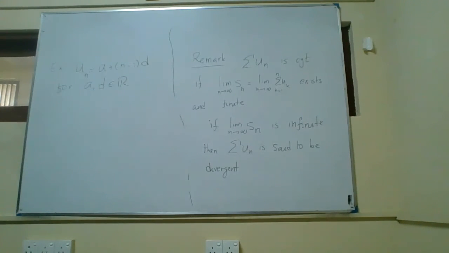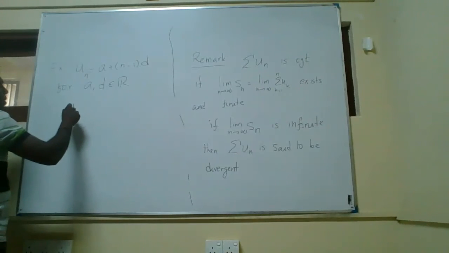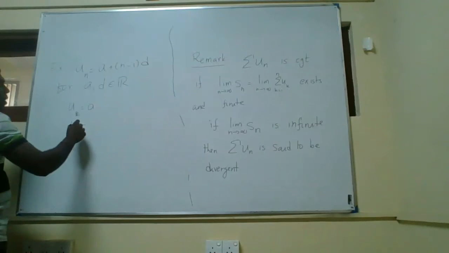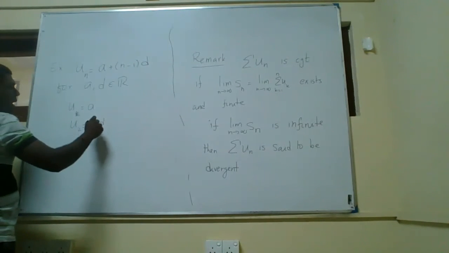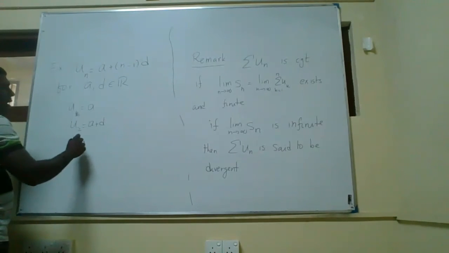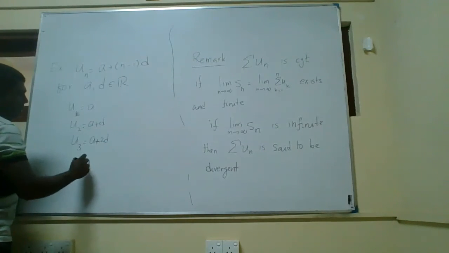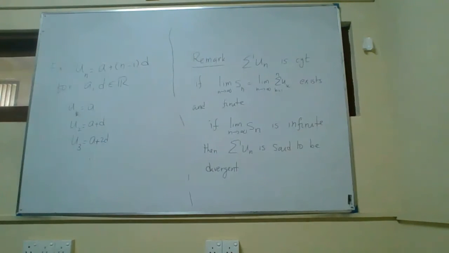So clearly you can see the numbers: u1 is a, u2 is a plus d, u3 is a plus 2d. This is how some terms of the series are going to look.